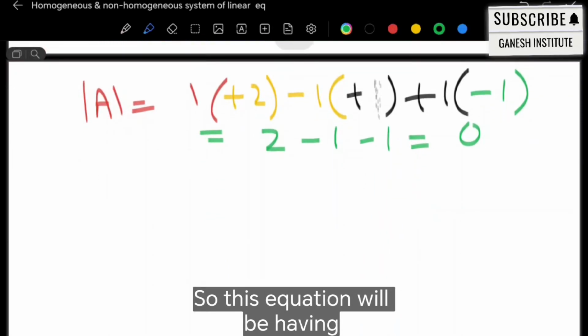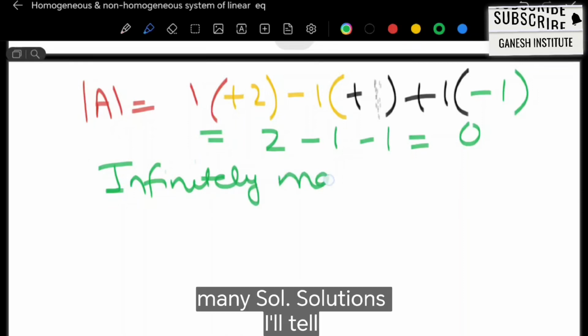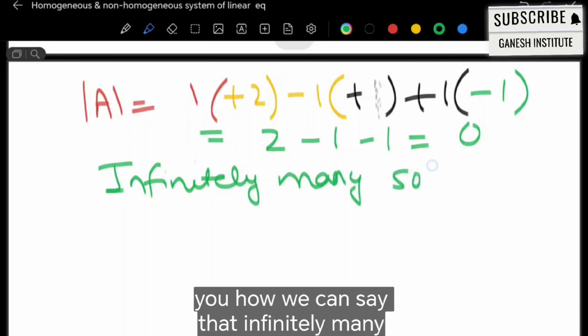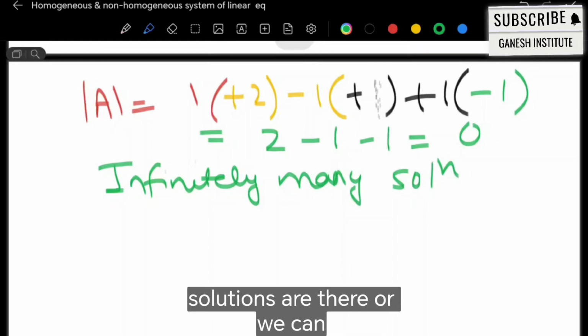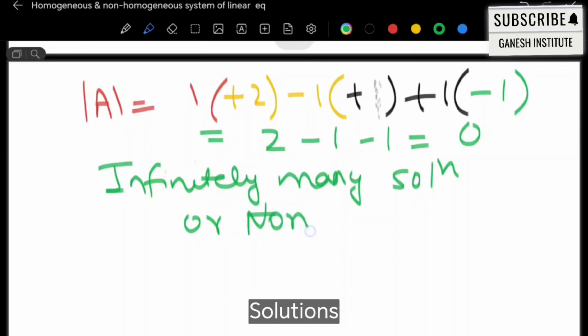So this equation will be having infinitely many solutions. I'll tell you how we can say that infinitely many solutions are there, or we can say it will be having non-trivial solutions.